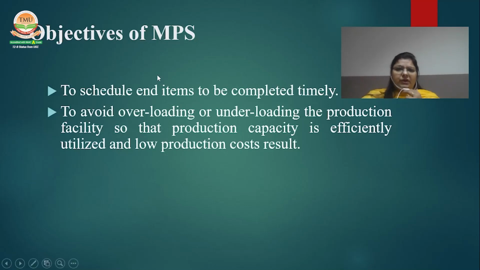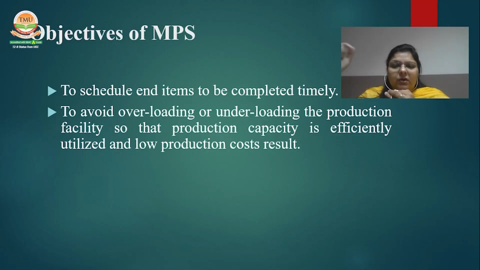These are the objectives of the master production schedule. What does it mean? To schedule end items to be completed on time, to avoid overloading and underloading the production facilities, so that production capacity is efficiently utilized and low production cost results. It means we have to schedule the items we are going to deliver to the market so that they are completed on time.